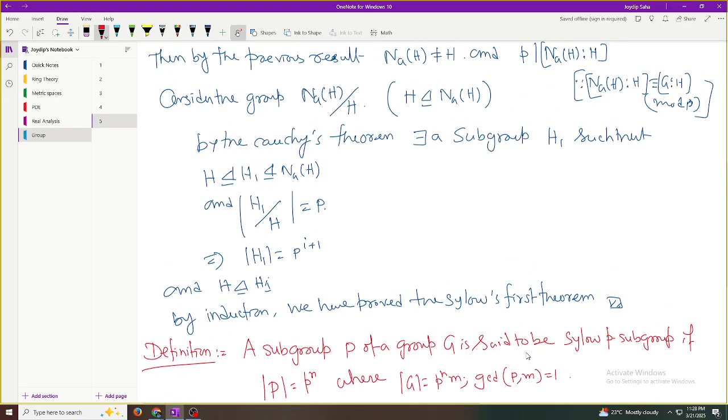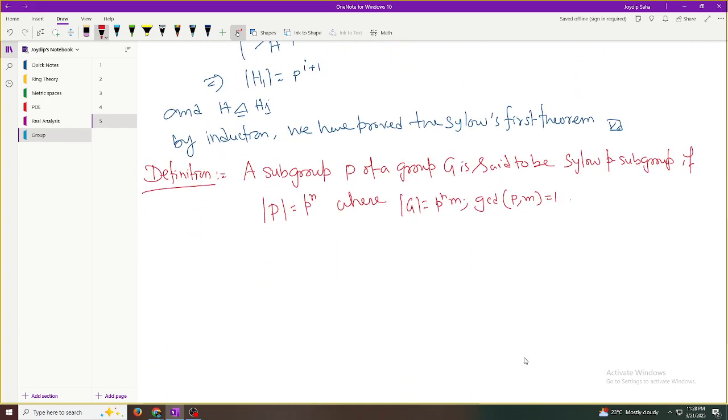That is the maximum order. So by the first Sylow theorem, a Sylow p-subgroup exists.